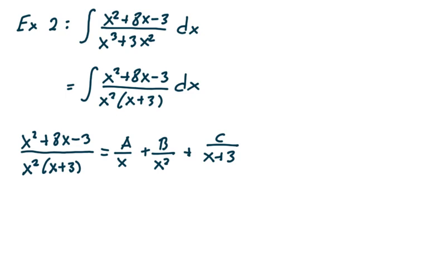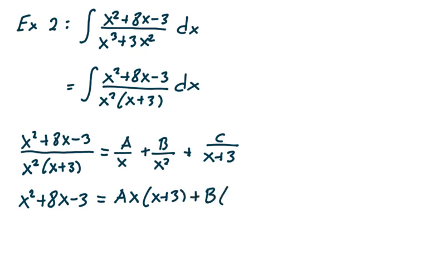And this is a good problem, okay? Now, I'm going to get the numerator, x squared plus 8x minus 3, on the left side. On the right side, I'm going to get Ax times x plus 3 plus B times x plus 3 plus Cx squared.